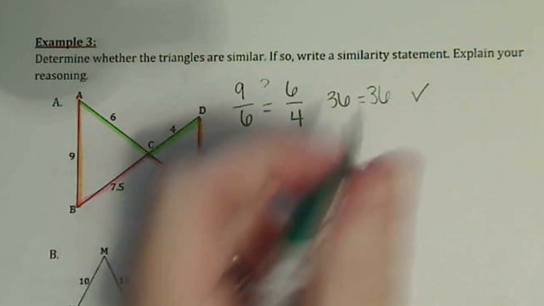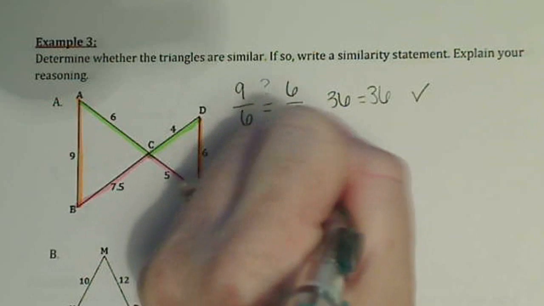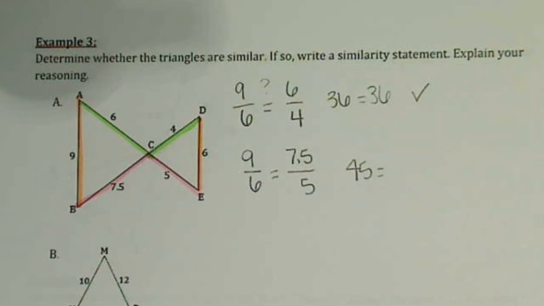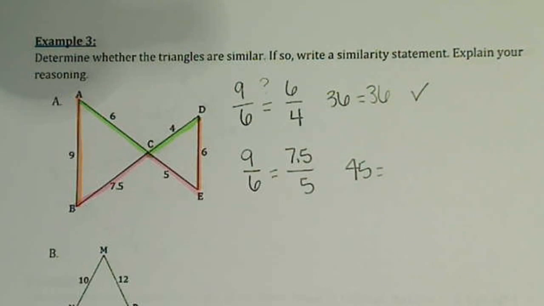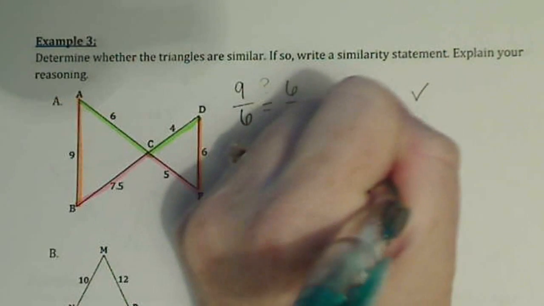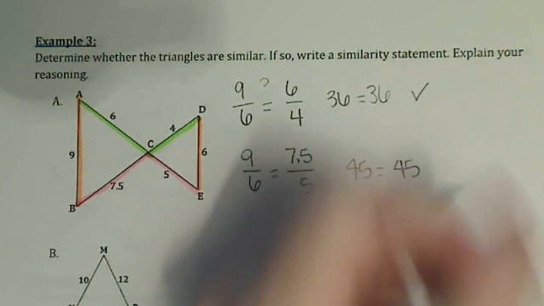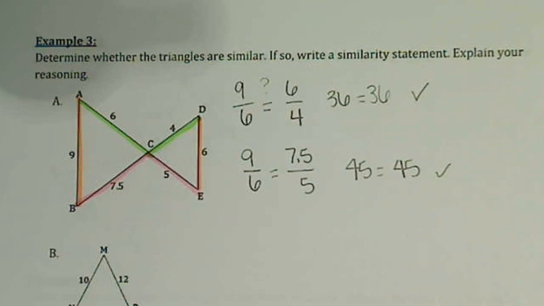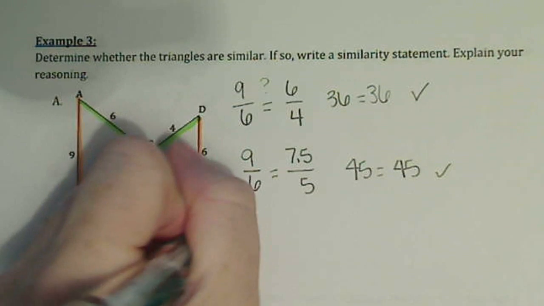Nine times 5 is 45. 6 times 7.5 is also 45. Okay, those are proportional. So, this is similar.